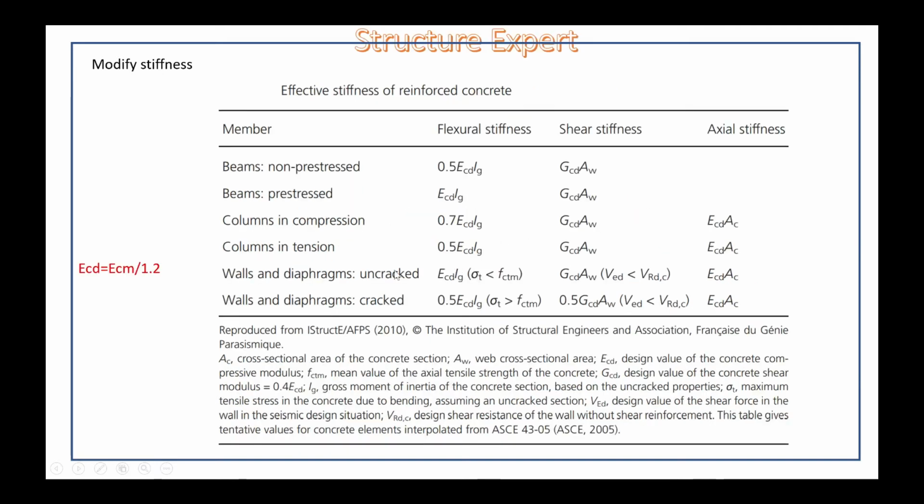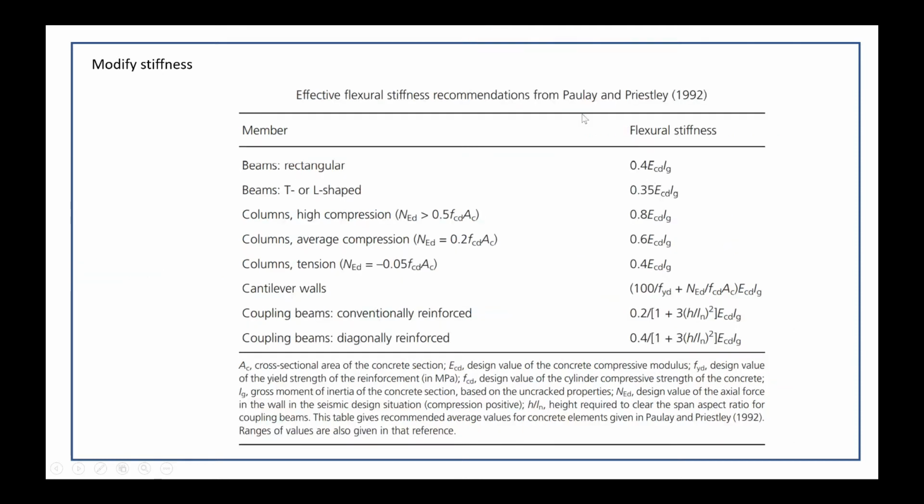For the effective stiffness of reinforced concrete recommended by the IStructE, ASCE and others, the column in compression uses 0.7 ECD multiplied with IG. But for Paulay and Priestley, they divide columns in three: column in high compression, average, and column in tension.